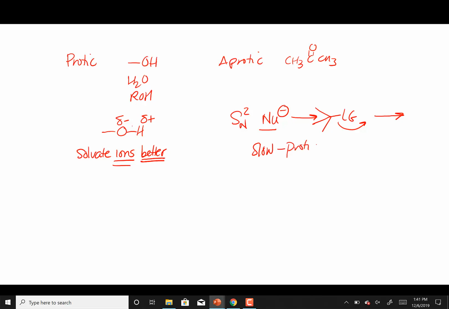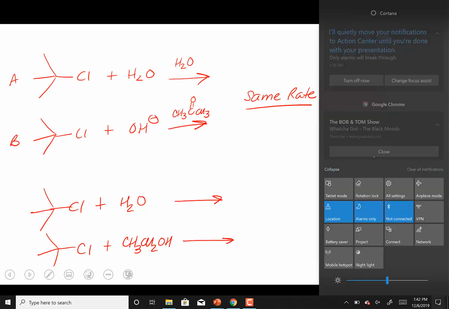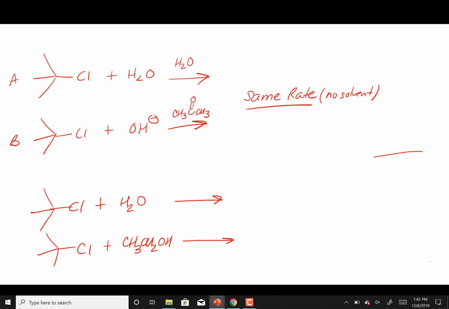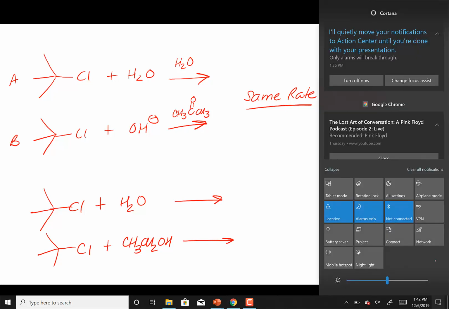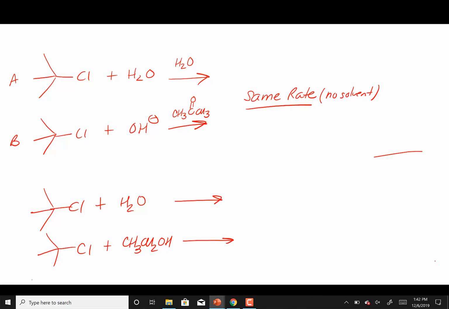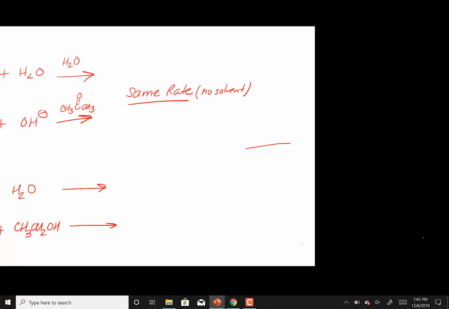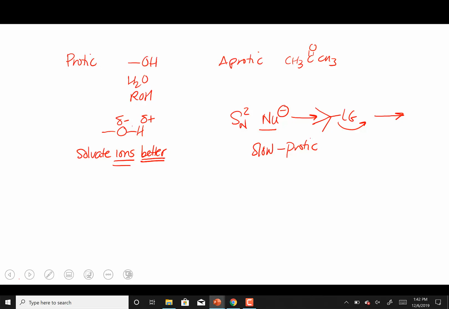So protic solvents will slow down an SN2, which means that the aprotic solvent makes an SN2 reaction go faster.